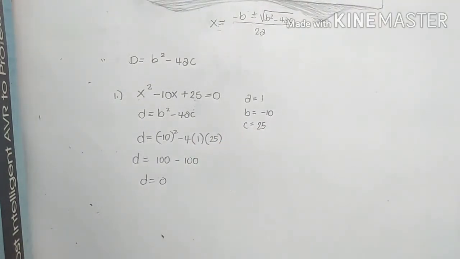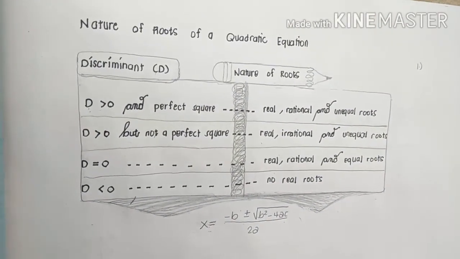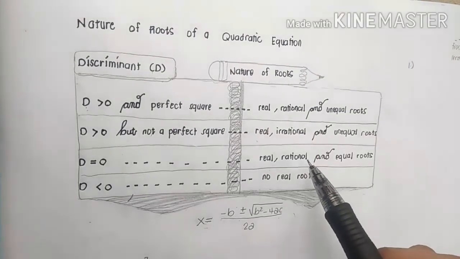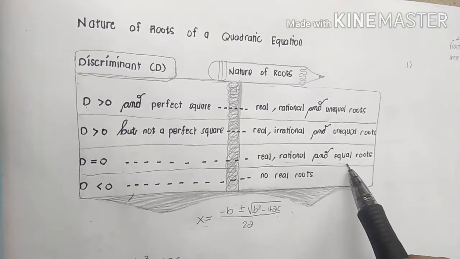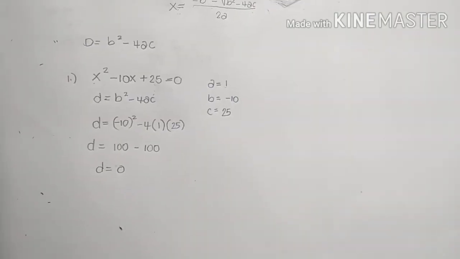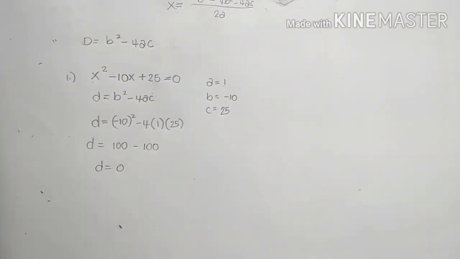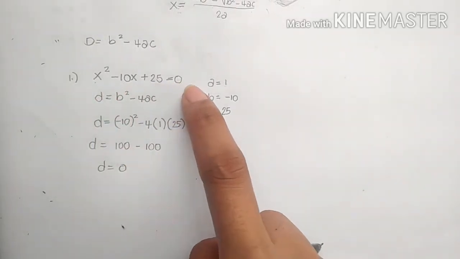So look at our table. If the discriminant is equal to 0, what is the nature of the roots? It's real, rational, and equal roots. I said earlier that if the discriminant is 0, this is a perfect square trinomial. Let's see if it is. Yeah, it is.